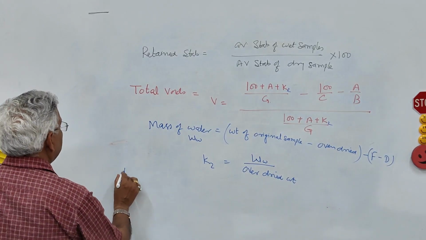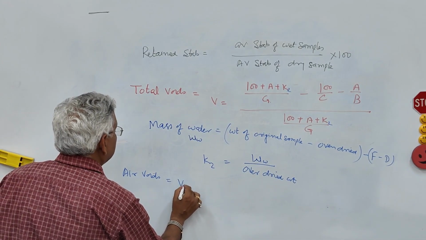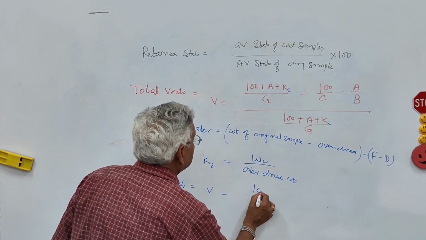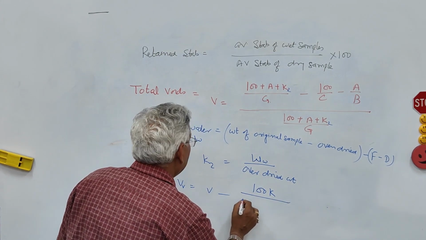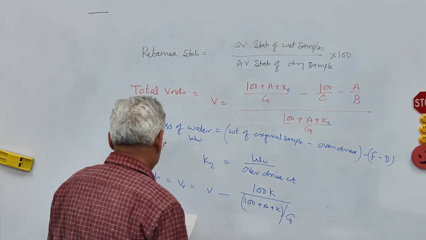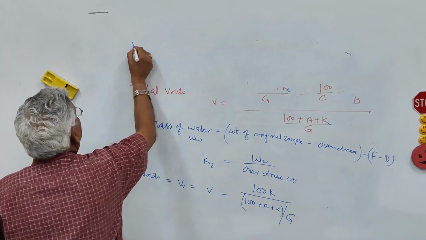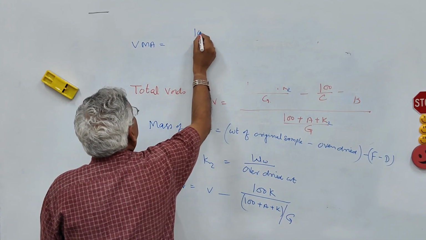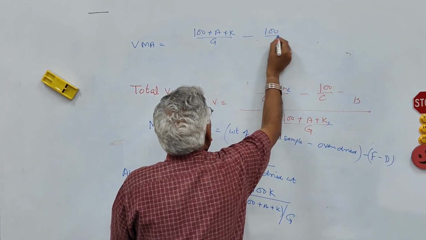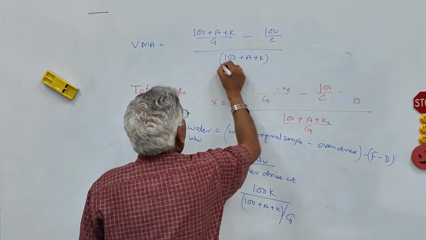Now air voids are calculated. That is, let us say V is equal to V minus 100 K upon (100 plus A plus K) divided by G. Another parameter required for the mix design is the VMA: (100 plus A plus K)/G minus 100/C, divided by (100 plus A plus K)/G.